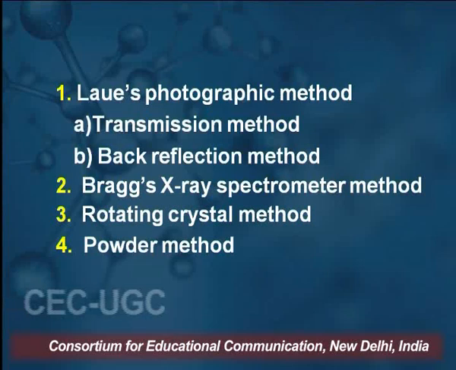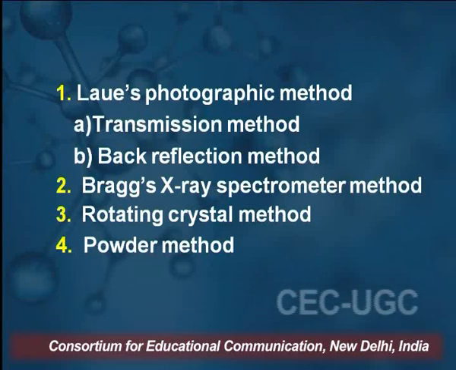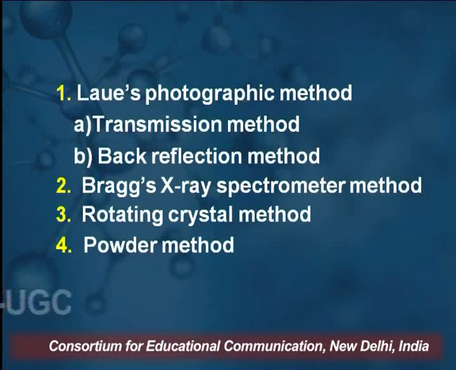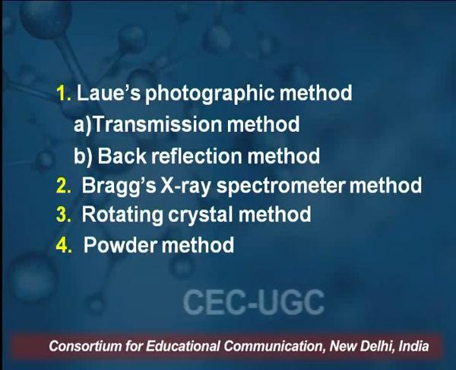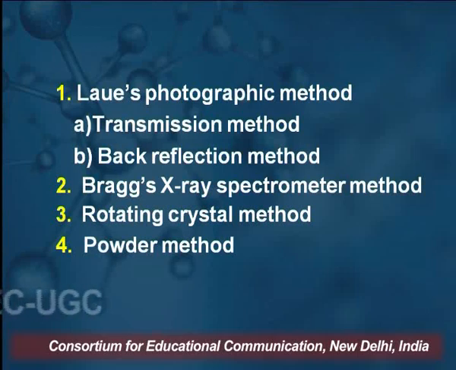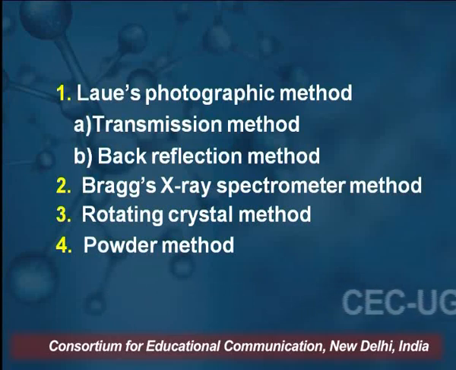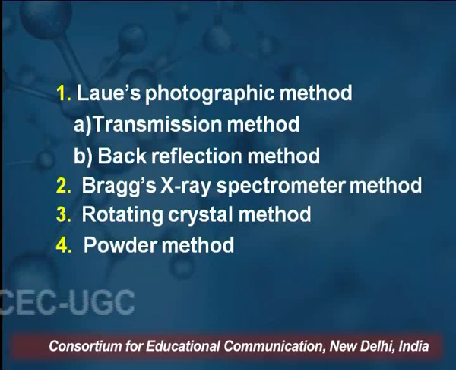This is also one of the best methods of X-ray diffraction, where Bragg's law is followed. Basically, Bragg's law is followed in all the methods, but this type uses the Bragg's X-ray spectrometer. The third method is the rotating crystal method. As the name suggests, the crystal is rotating, and then we record its structure.